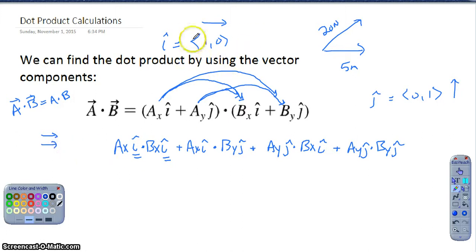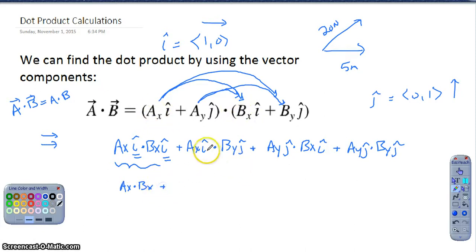They're both going off in the positive horizontal direction, so they are the exact same direction. So this whole part right here just becomes AX times BX. It's just the magnitude of this times the magnitude of this.